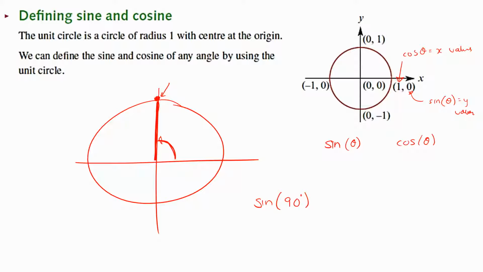When we say sine of 90 degrees, remember I said sine represents your y values. It's just asking, if I'm going around the circle, sine of 90 degrees, what is my y value at that point when it makes 90 degrees? And logically, this coordinate here would be 0, 1. And so that tells me the y coordinate, which is 1. That's why we know sine of 90 degrees, if you type that in your calculator, the answer is 1.